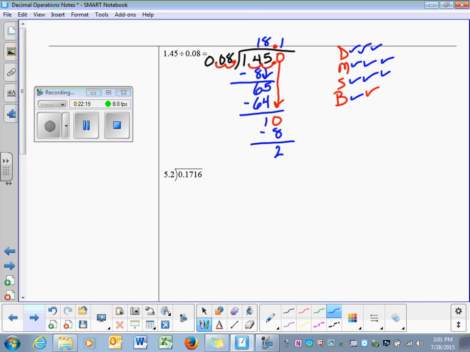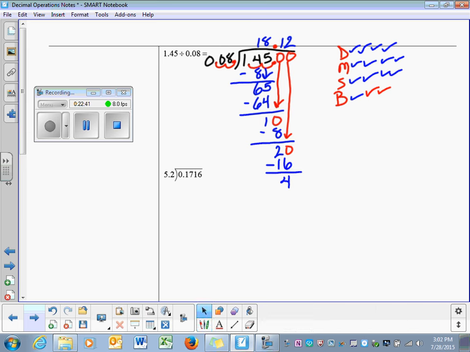And I need to add another 0 and bring it down. 8 goes into 20 2 times. 2 times 8 is 16. 20 minus 16 is 4. And I need to bring down yet another 0.